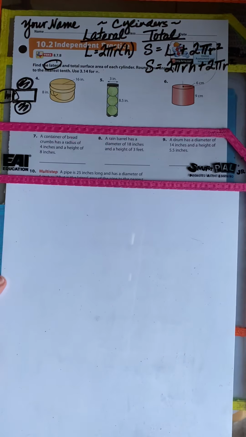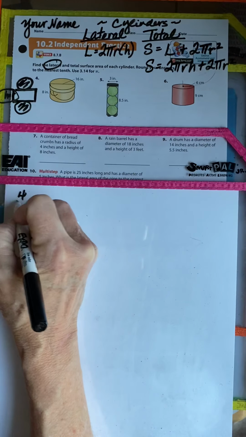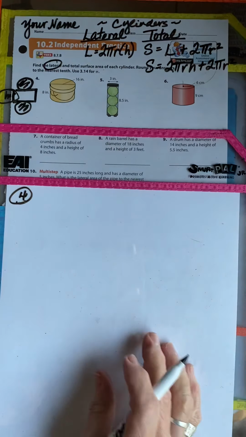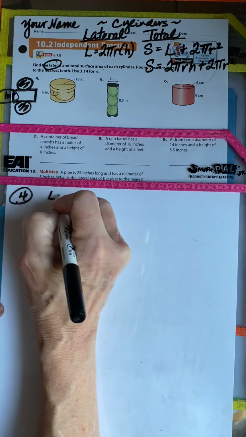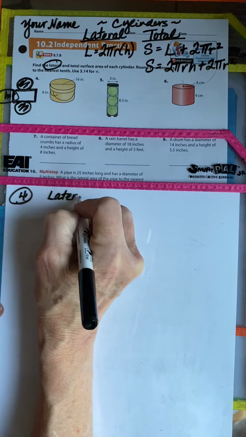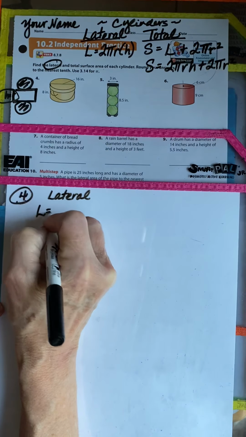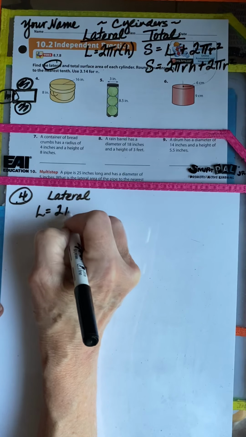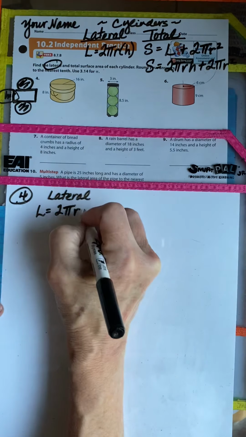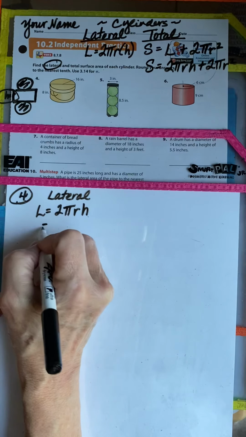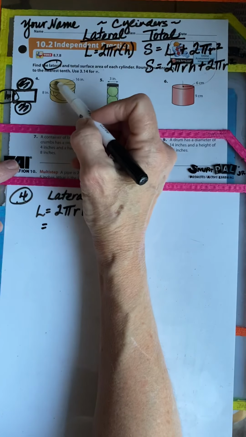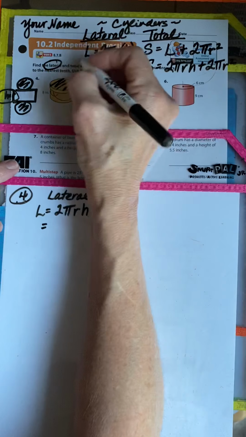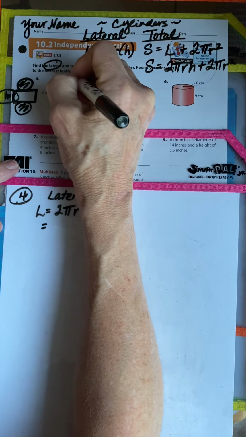So we want to start with number 4. Is everybody cool on that? We're going to do lateral first. And we'll put L equals 2 pi r h. Let's plug in. All right, shade your bases. It's saying that diameter is 16.